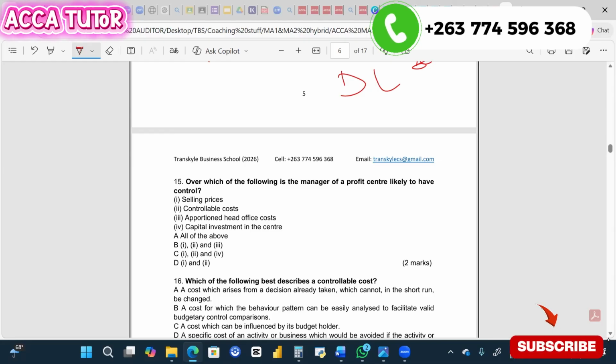Over which of the following is the manager of a profit center likely to have control? What is a profit center?